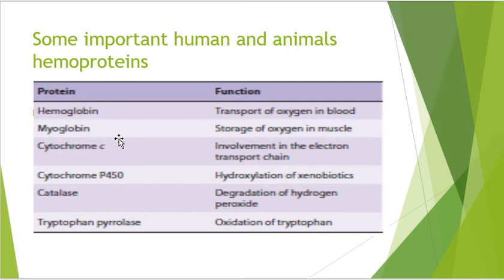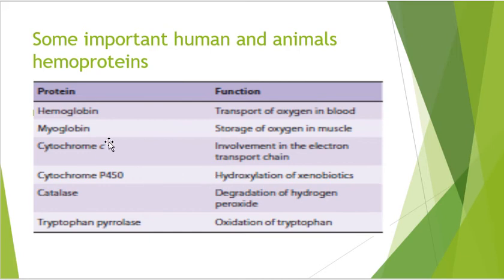Cytochrome C is involved in the electron transport chain. The cytochrome P450 monooxygenase system hydroxylates xenobiotics. Catalase degrades hydrogen peroxide. Tryptophan pyrrolase is involved in the oxidation of tryptophan.